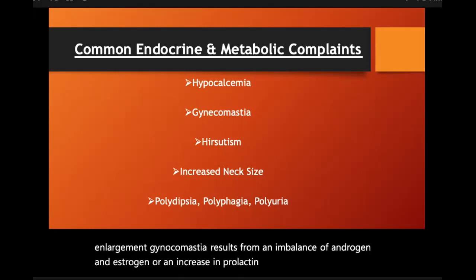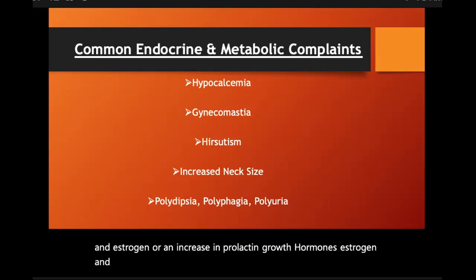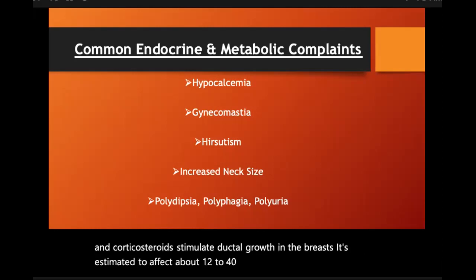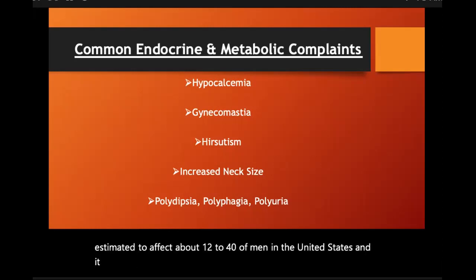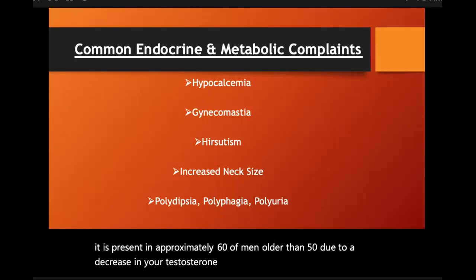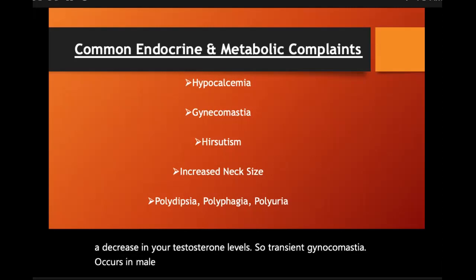Growth hormones, estrogen, and corticosteroids stimulate ductal growth in the breasts. It's estimated to affect about 12 to 40% of men in the United States, and it is present in approximately 60% of men older than 50 due to a decrease in testosterone levels. So transient gynecomastia occurs in male neonates, 60 to 90%, and at puberty about 50 to 60%.